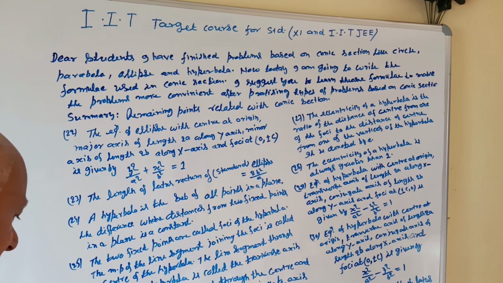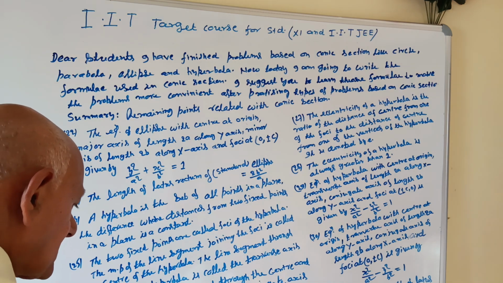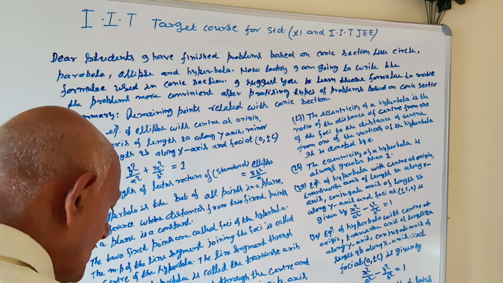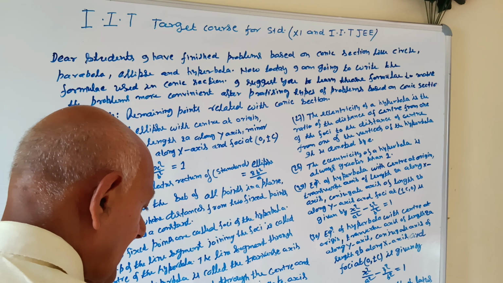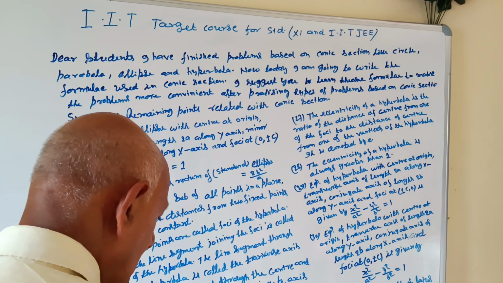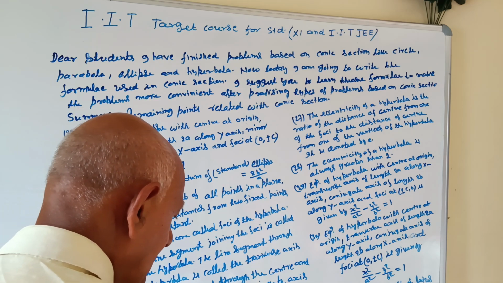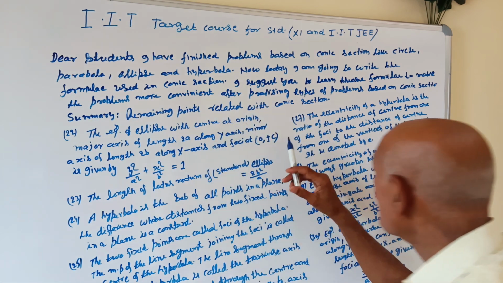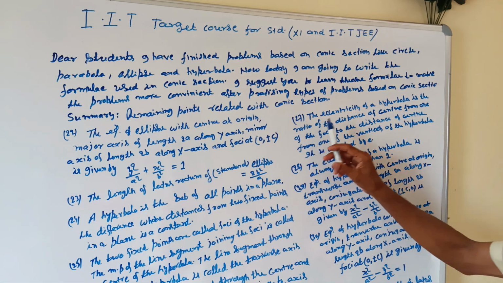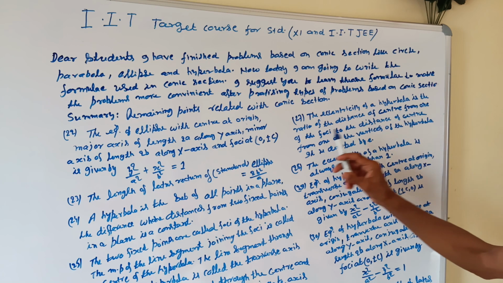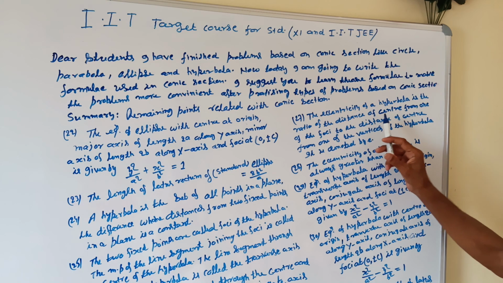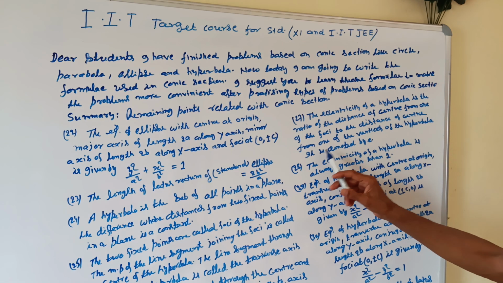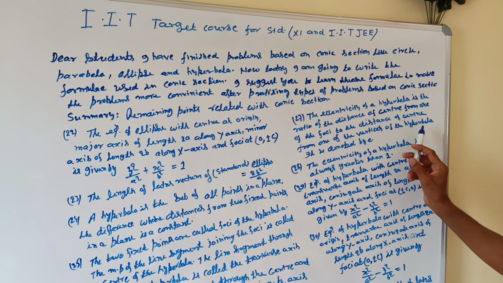26: The distance c of the focus from the center of a hyperbola is given by c equals under root a square plus b square, where 2a is the length of the transverse axis and 2b is the length of the conjugate axis. 27: The eccentricity of a hyperbola is the ratio of the distance of the center from one of the foci to the distance of the center from one of the vertices of the hyperbola.